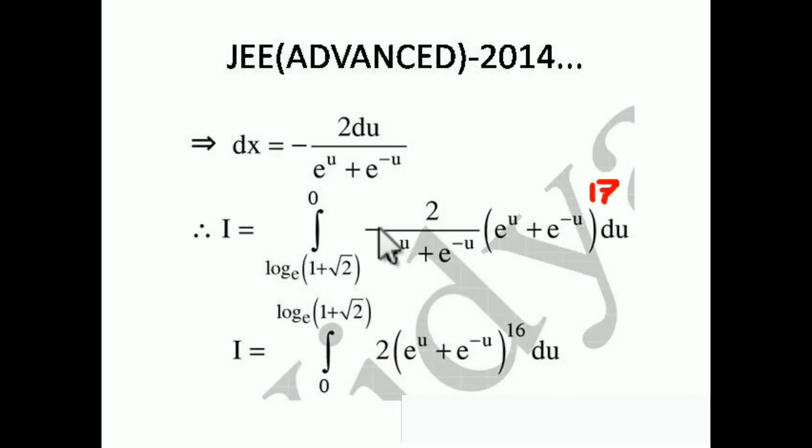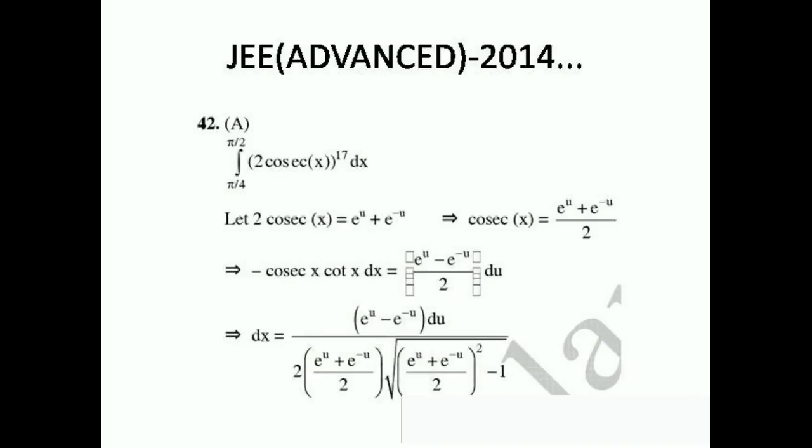So if we apply the minus sign to this limit, the limits get exchanged, the limit is flipped. So the lower limit becomes upper and upper becomes lower. So the final answer is integral from 0 to log of 1 plus root 2 of 2 upon e raised to u plus e raised to minus u whole raised to 16 du. So this is my right option. Okay, that is answer option number A.